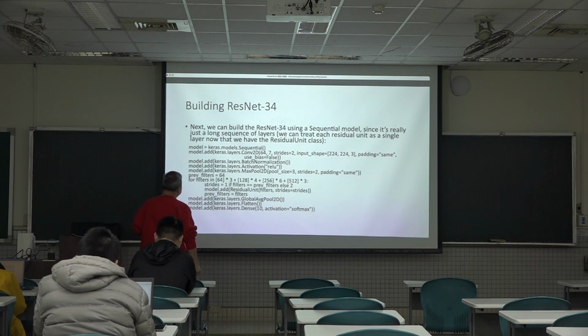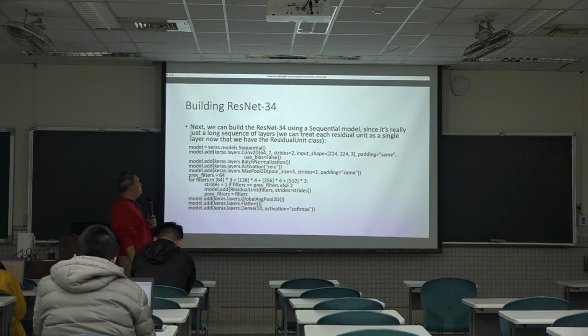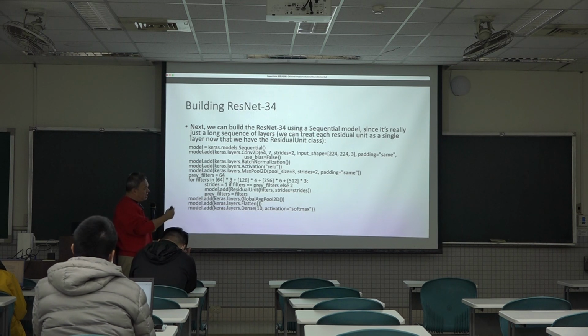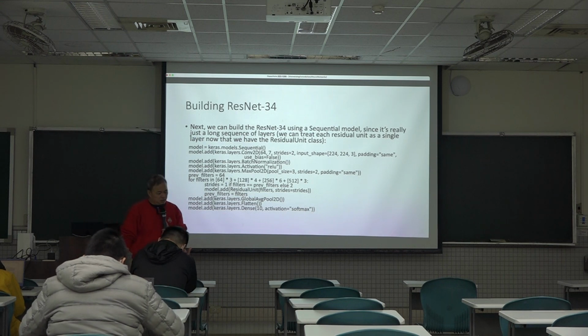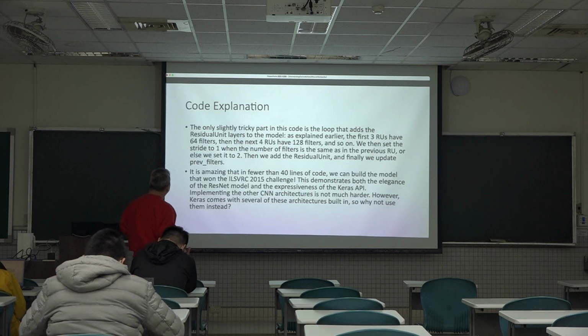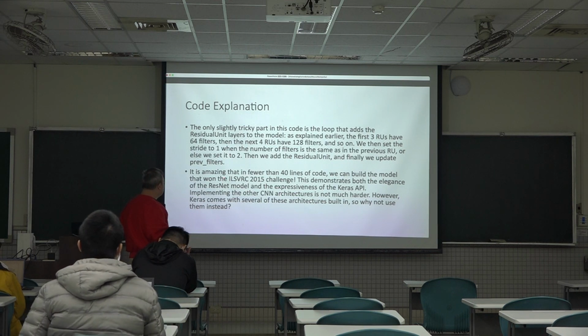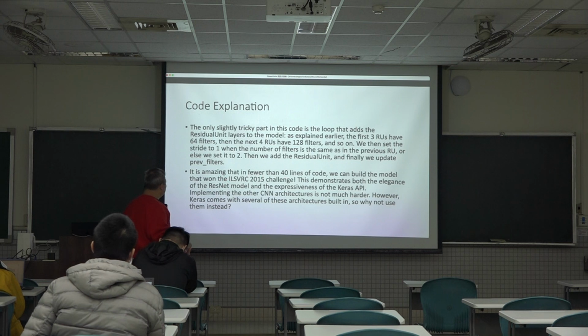It is actually just as easy if you want to create an even larger ResNet, or some other classical CNN architecture. However, I think I would just skip the explanation. So you can see it's amazing.